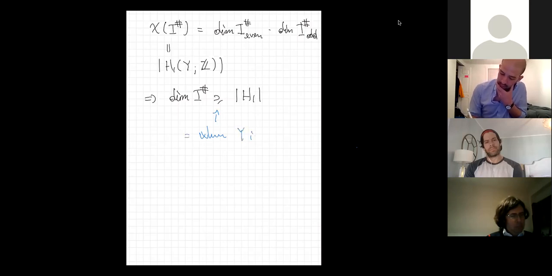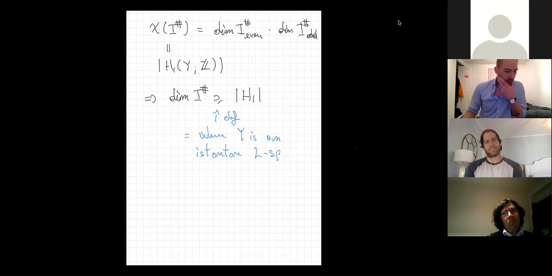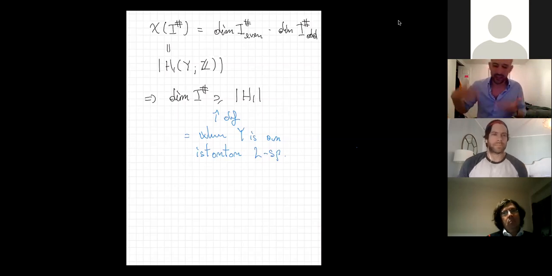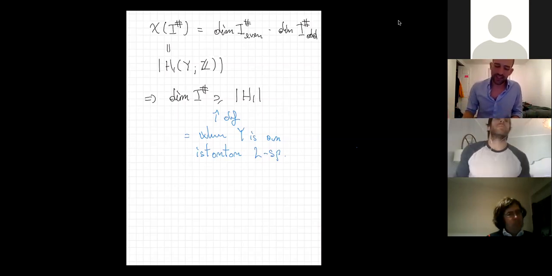This is a definition. So one may ask, what's the connection between the L spaces of this theory and the L spaces of Heegaard Floer homology? And the answer, conjecturally, is that they are the same.